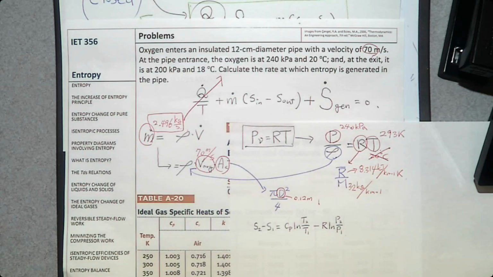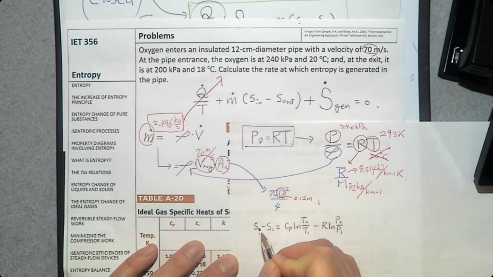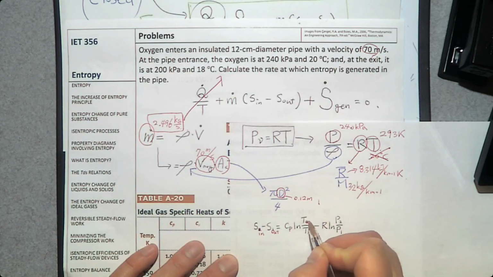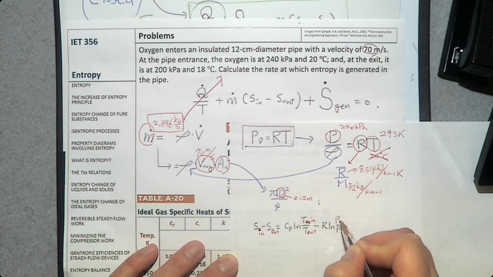Pretty sure that you remember this one, right? But this one is S in minus S out. Okay, we can do that: T in minus T out, P in minus P out.